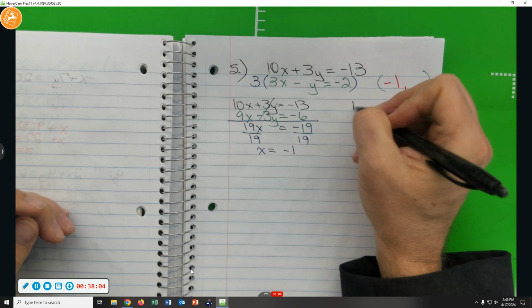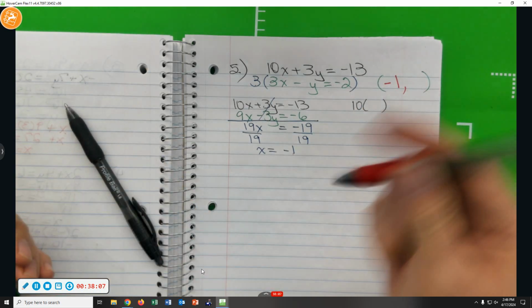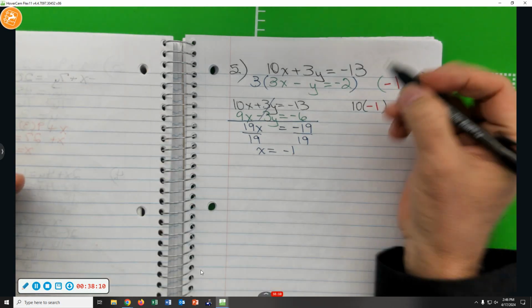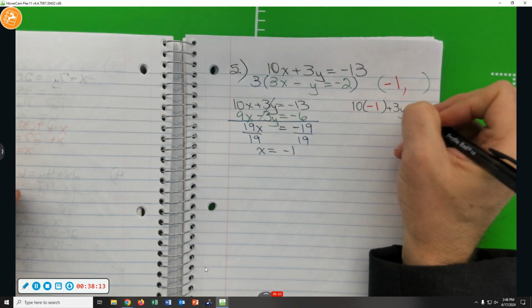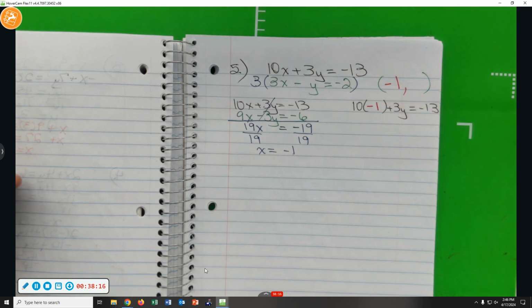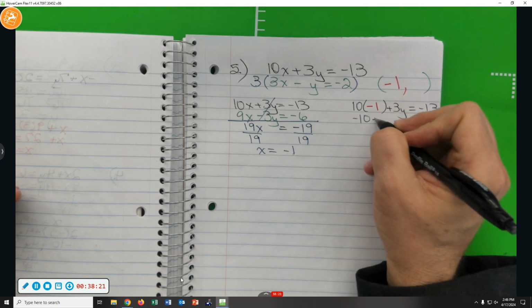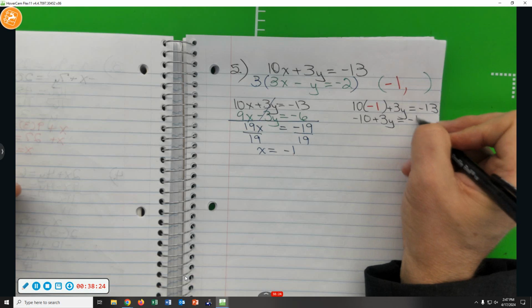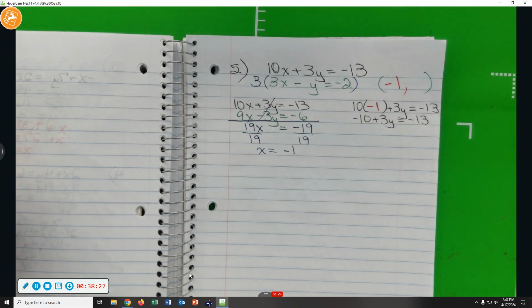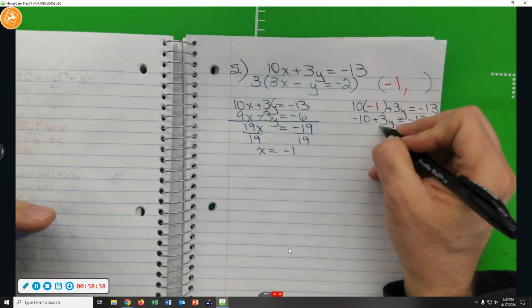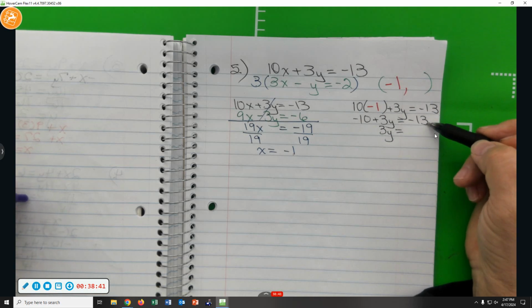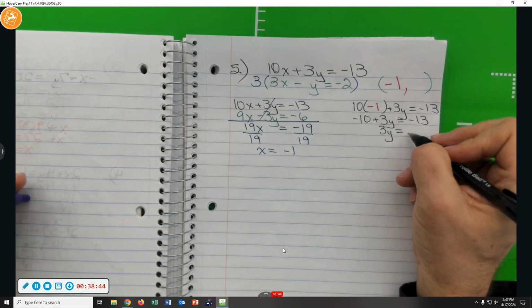So that's a 10 times a negative 1 plus 3y equals a negative 13. 10 times negative 1 is a negative 10, plus 3y equals a negative 13. There's really only one sensible next step to get y by itself: add 10. That gives me 3y equals negative 13 plus 10, which gives us a negative 3.